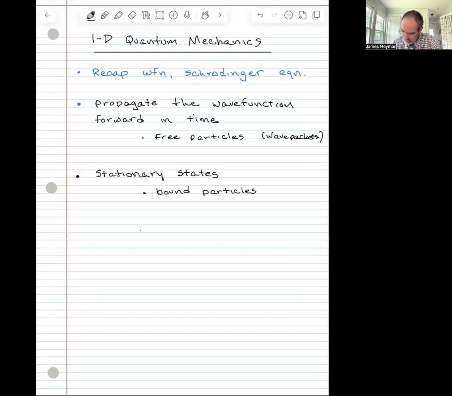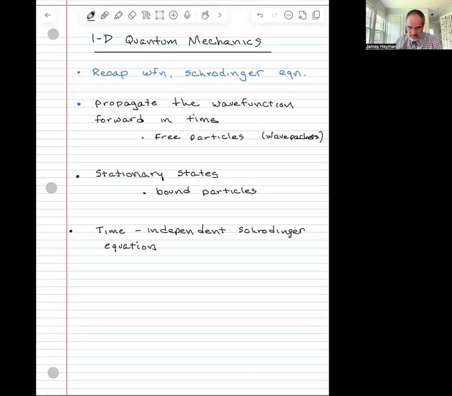And to do that, we're going to develop a very important simplification of Schrodinger's equation called the time-independent Schrodinger equation. And in fact, much of the rest of our discussion of quantum mechanics is going to focus on this time-independent Schrodinger equation. All right? Which actually will be a simplification for us.